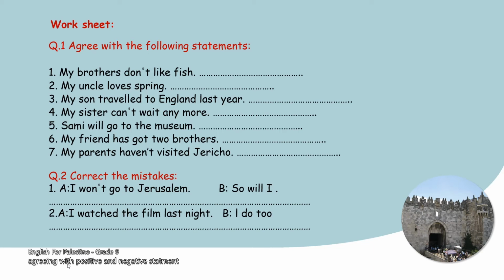Number 2, my uncle loves spring. Number 3, my son traveled to England last year. Number 4, my sister can't wait anymore. Number 5, Sammy will go to the museum. Number 6, my friend has got 2 brothers. And number 7, my parents haven't visited Jericho.